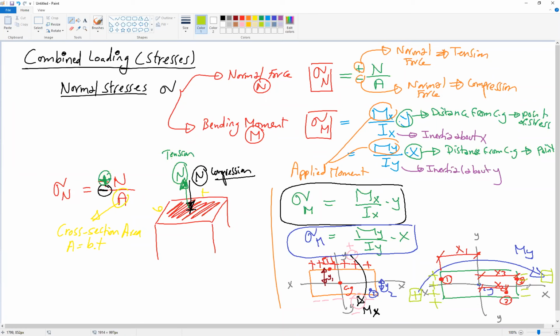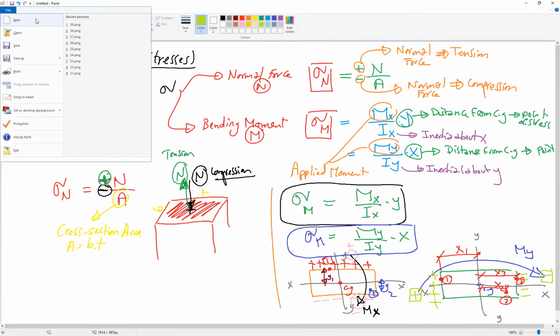Okay, this is a summary of what we have studied before, if we have normal force and if we have moment. And now if we have a combination of N and M. So this is our topic today.